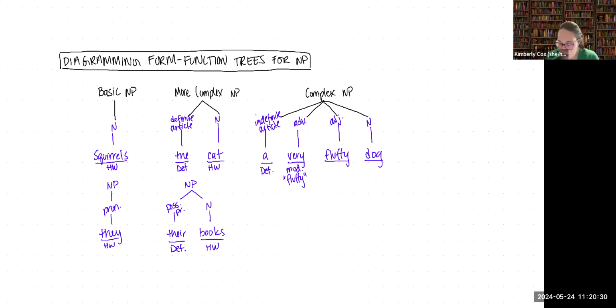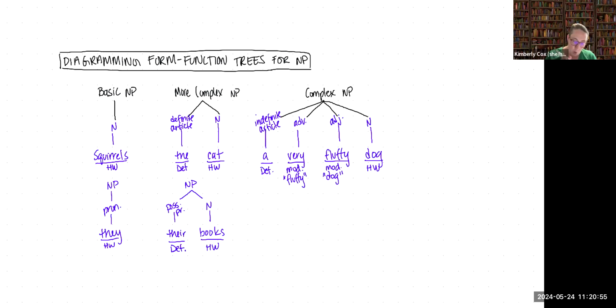So that means fluffy is modifying dog, which makes it an adjective. And then dog is our head word. So when we're looking at a complex noun phrase, it's just about tackling more words. And it doesn't matter how many there are, it's going to be the same type of thing.